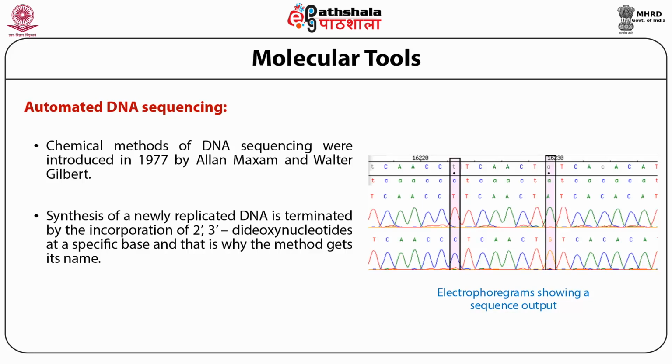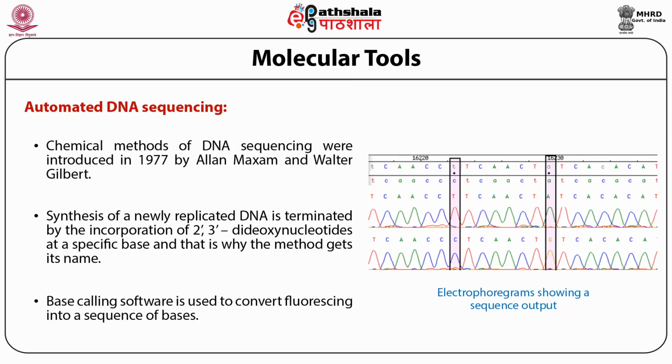Sequencing reactions are now performed in a single tube, and the products obtained are separated in a single lane by gel electrophoresis, with fluorescence detectors used to detect the DNA fragments. Base calling software is used to convert fluorescence into the sequence of bases. The method can be used to read 1000 bases in a single reaction.